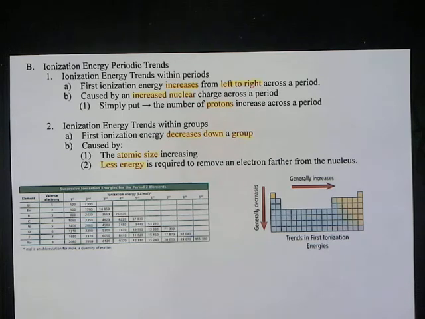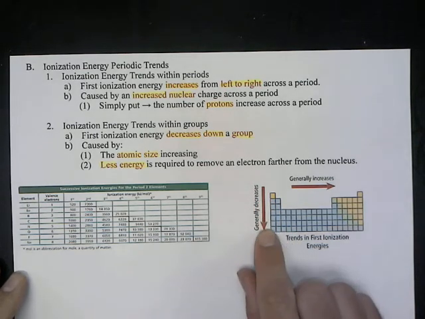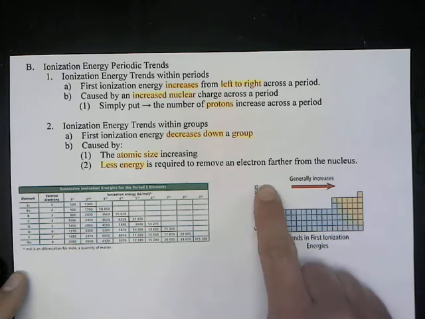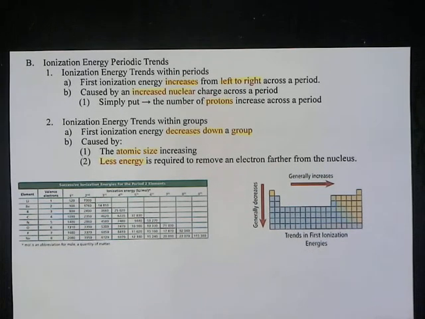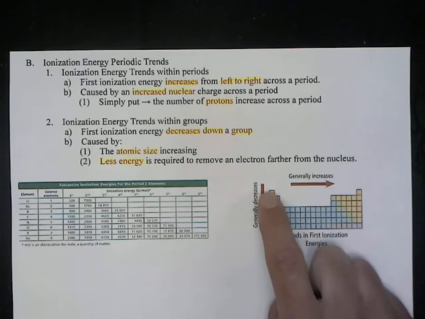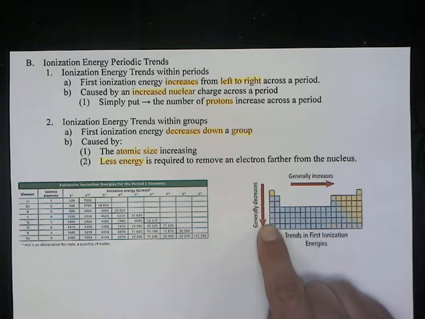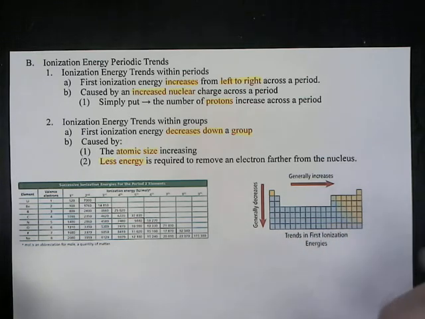Now, as we move down a group, the ionization energy decreases. This is because the electrons in elements further down a group are further away from the nucleus, which is the pulling power of our atom. So as you get further away from that positive pull, it's harder to keep those electrons in.